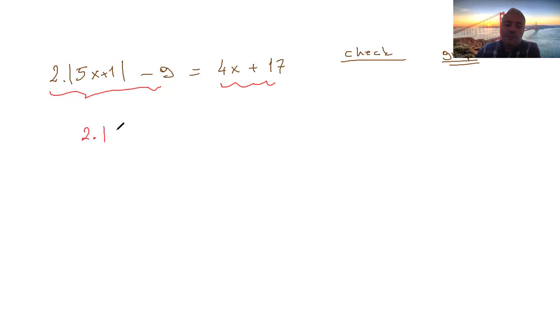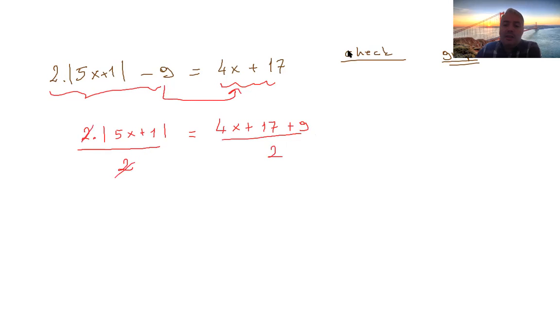2 times the absolute value of 5x plus 1 equals 4x plus 17 plus 9. No need for me to write plus 9 on both sides, you can understand directly that the negative 9 goes there as a positive 9. And then, since I have times 2, to eliminate it I divide by 2.